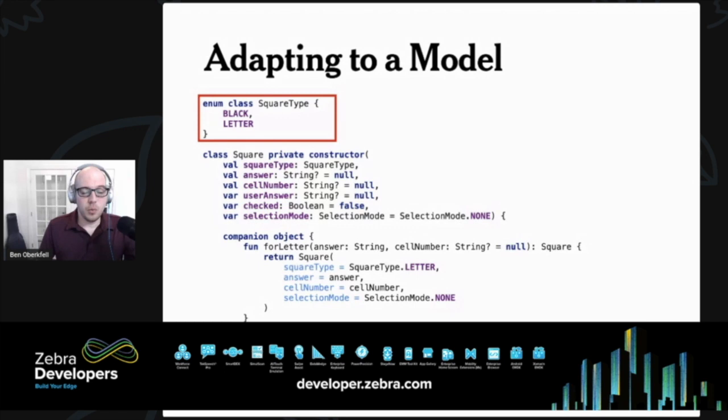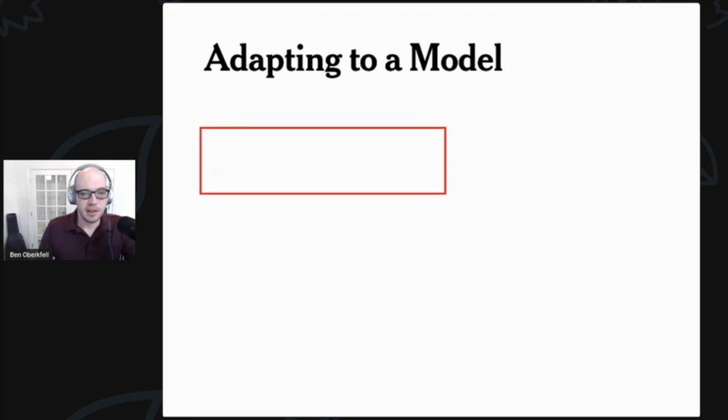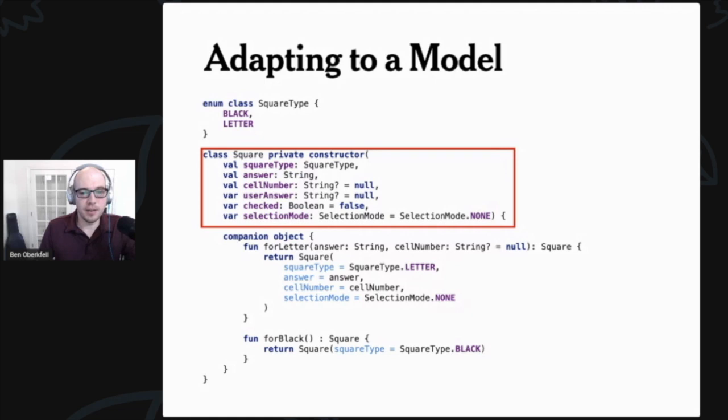So we've created some simple composables for showing parts of the board, parts of the squares. But let's adapt this to a data model. So let's build out an enum here for square type that lets us classify a square as to whether it's a dead square that's black or if it's a square you can put a letter in. Then we're going to build a square model that embodies a lot of these things that we've put into that square composable.